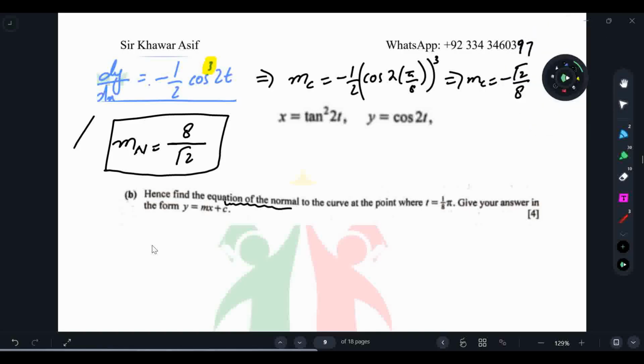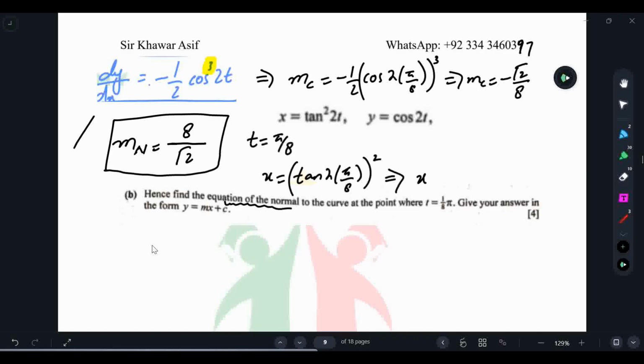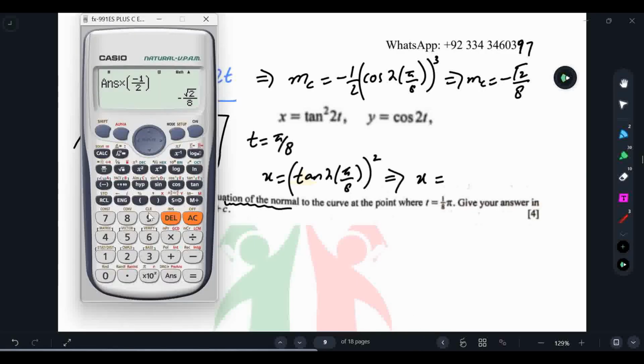So we need to just put the value of t over here. So when t is equal to pi by 8, what will be the value of x? So x will be equal to tan of 2 into pi by 8 whole square.